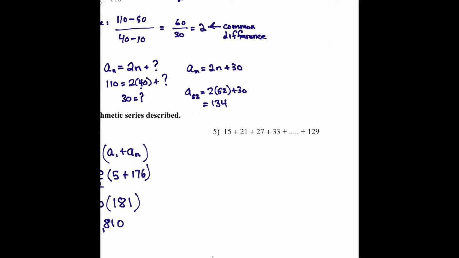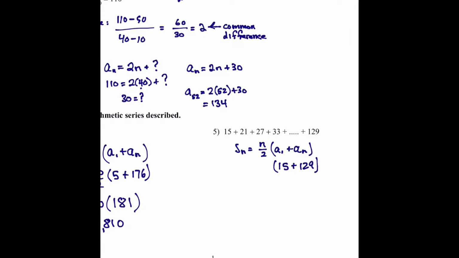Now question 5 is also a partial sum, so we can use the same formula. This time we know the first and last term already because it's written in the series. What we don't know is how many terms this is. All we see is a part of the series, not the whole series.